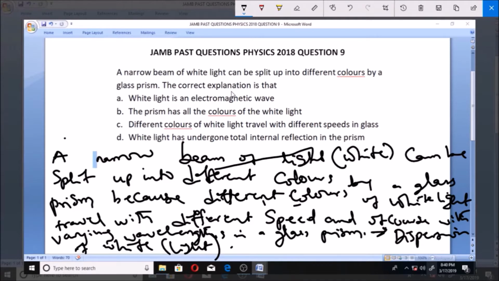This happens because the different colors in white light travel with different speeds and, of course, varying wavelengths. So the answer from the options is option C, because it is written that different colors of white light travel with different speeds in glass. That is the answer, and it is known as dispersion of white light. Thank you.